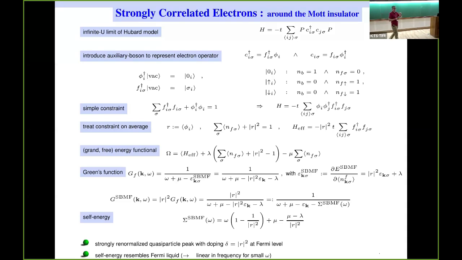So the occupation of these different slave boson levels, which here would be only the empty site, but in a multi-orbital model would be many more multiplet occupations, still appears in the energy function. If a singlet would be occupied more strongly than a triplet state, which in a dynamic fashion would go into the Hubbard bands, in the slave boson it only appears as a static occupation number, here the simple R squared.